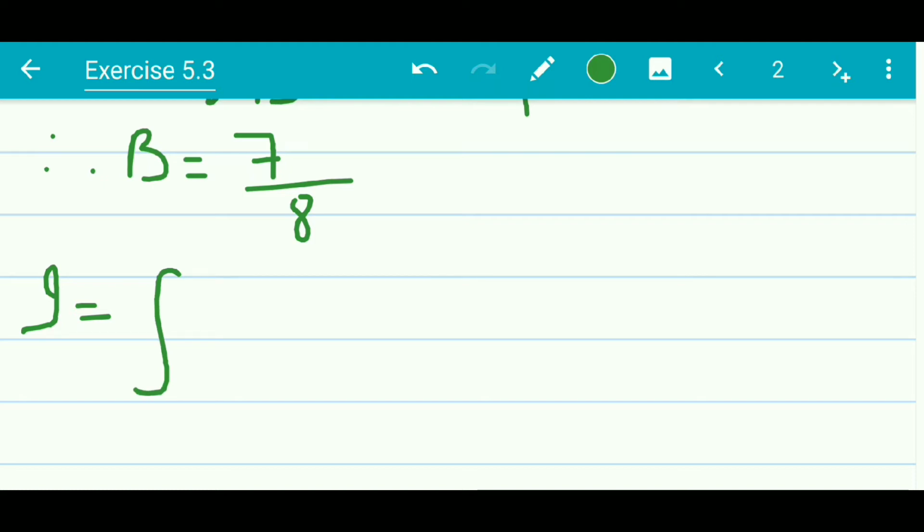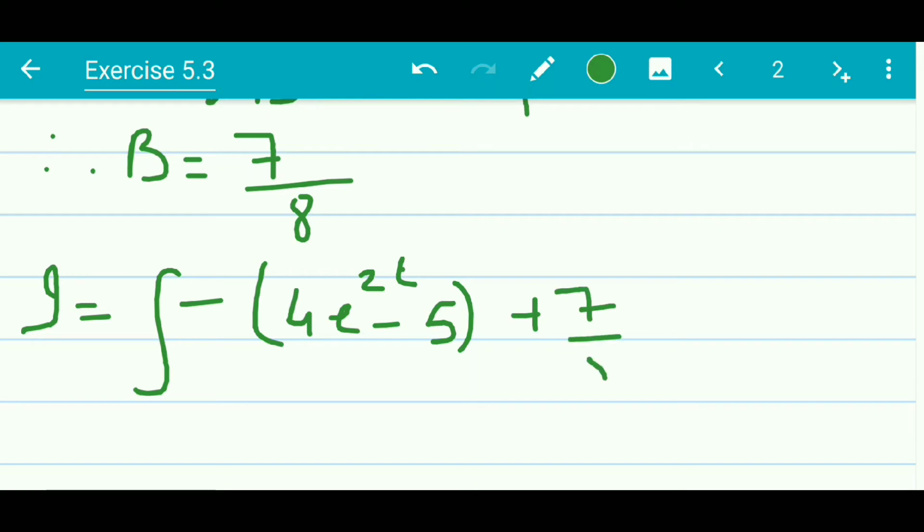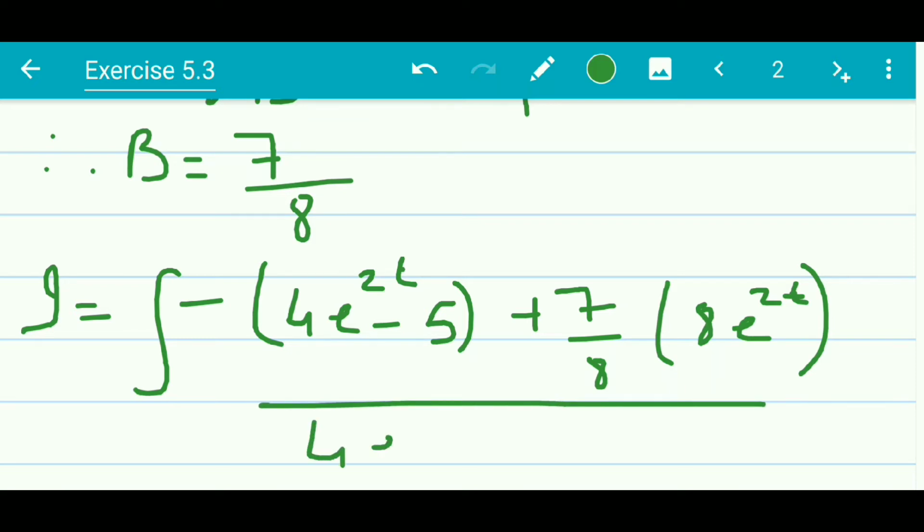Now instead of the numerator, we write minus 1 into the denominator, since a is minus 1, that is minus 1 into 4e^(2t) - 5, which is the denominator, plus b into the derivative of the denominator, that is 7 upon 8 into the derivative of the denominator, 8e^(2t). The whole upon the denominator 4e^(2t) - 5, dt.